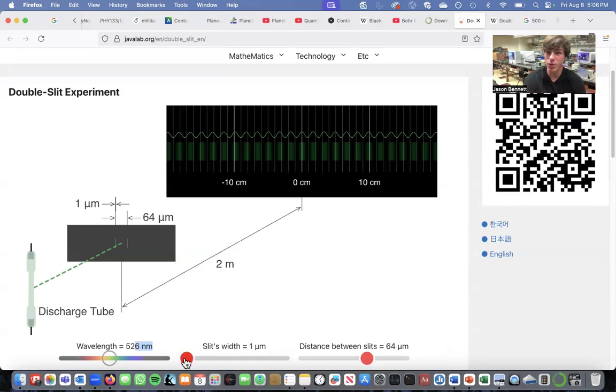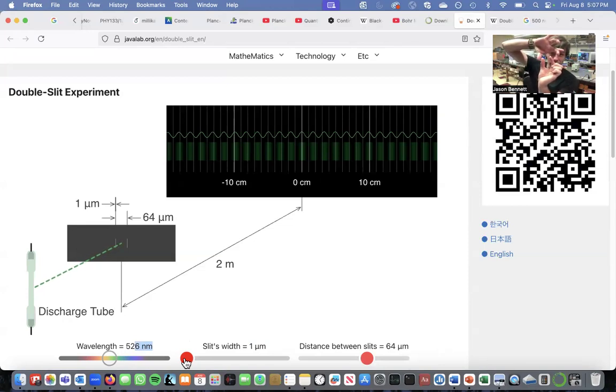So it's going through something where there's not enough room for constructive interference. What we're saying here is the wavelength of the light is half a micrometer, and the slit width it's going through is 1 micrometer.